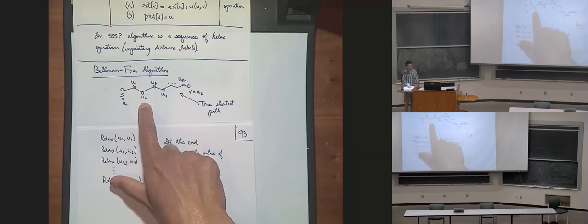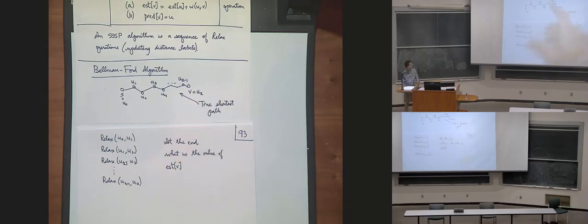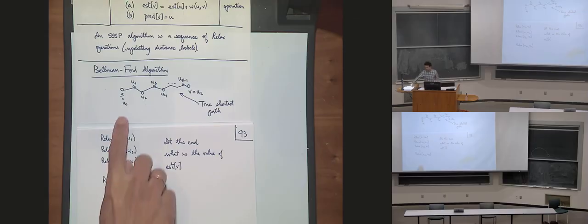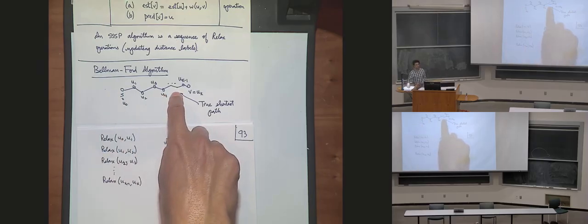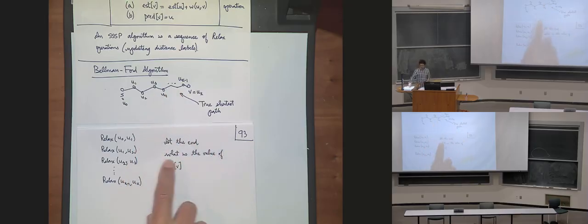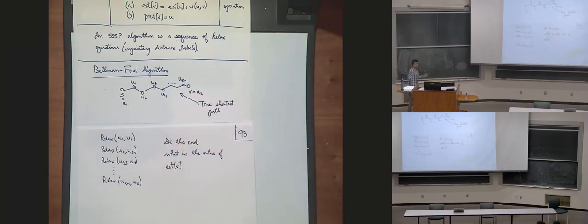Then you get the distance to U2 correctly. Right? Because if this is a true shortest path, every prefix also is a true shortest path, because there's obviously no shorter way of going from S to anything in the middle. So what this means is that at the end, not only did you get the value of S to V correct, you got all the estimates in between correct.